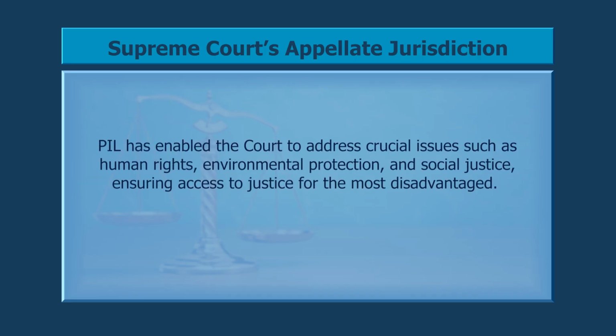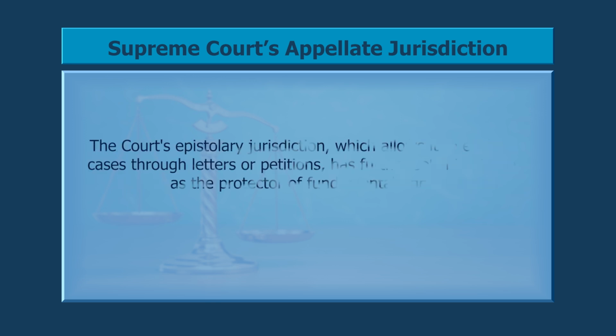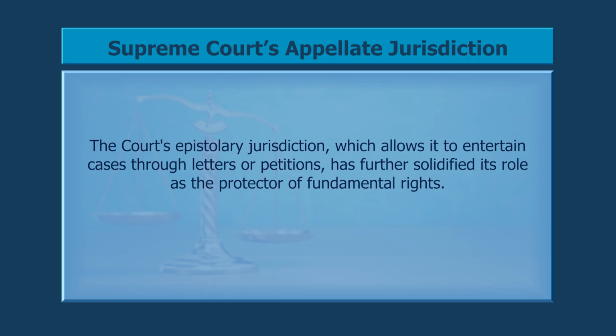PIL has enabled the court to address crucial issues such as human rights, environmental protection and social justice, ensuring access to justice for the most disadvantaged. The court's epistolary jurisdiction, which allows it to entertain cases through letters or petitions, has further solidified its role as the protector of fundamental rights.